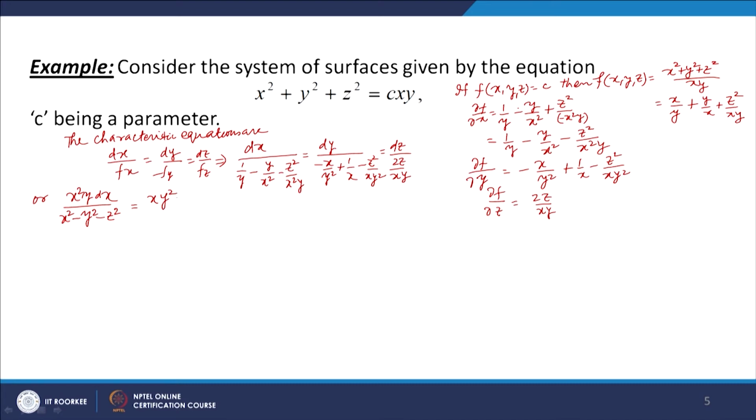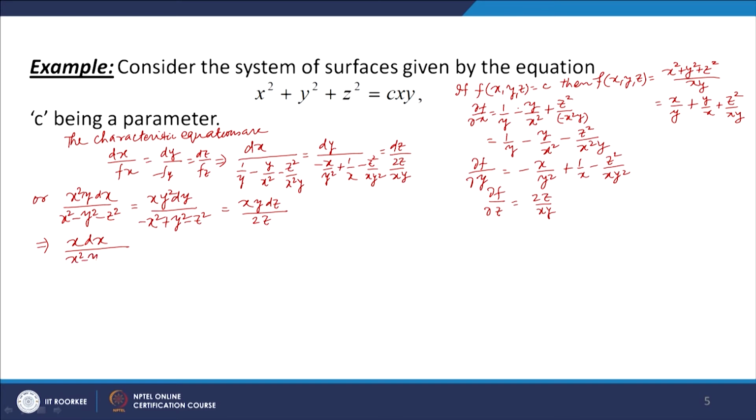So, x y square dy divided by x y square gives minus x square, here we get plus y square, and here minus z square, and here we get x y dz divided by 2z.